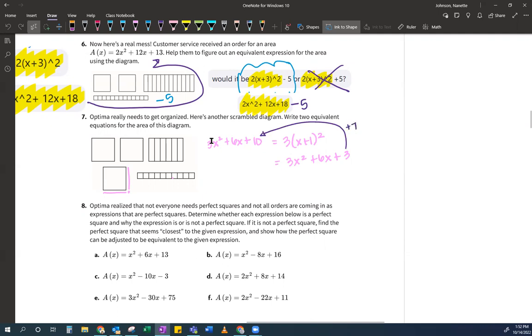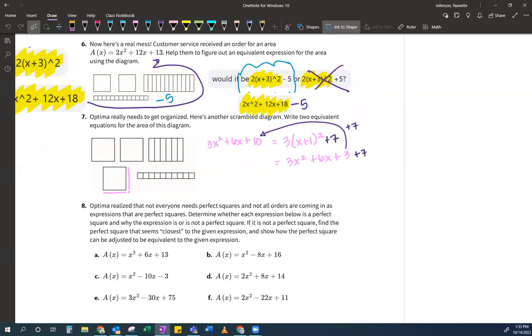Okay, so if I add 7 to this 3, are you saying this and this are the same? And you're like, well, yeah, Miss Johnson, look, 3x squared, 3x squared, 6x, 6x, 10, 3 plus 7. So you just want me to put a plus 7 right here? Yeah. Does that make sense?